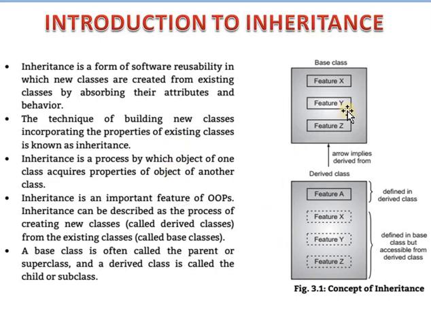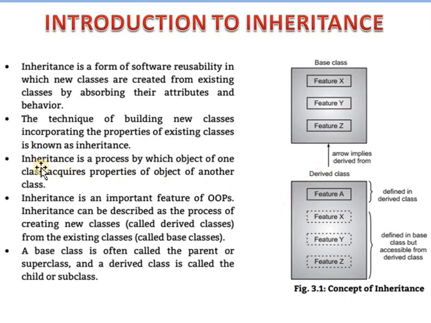In this figure, this is the base class having the features x, y, z, and this one is the new derived class, which absorbs the features of the base class. Here are the features of the base class, and new features can also be added into the derived class.